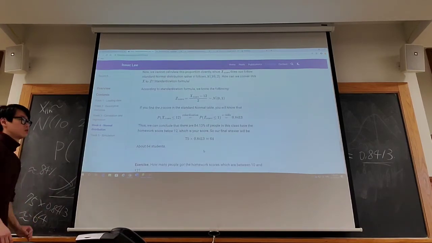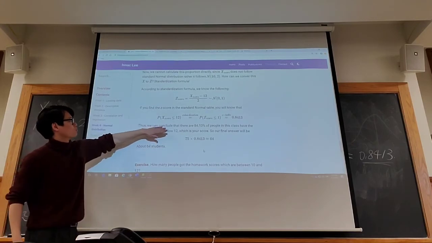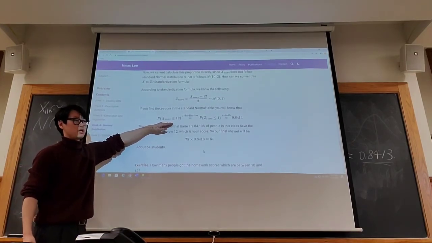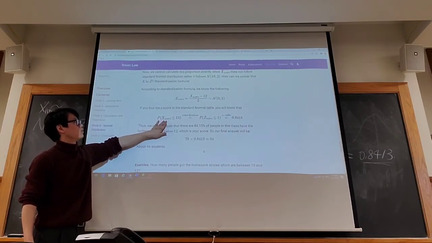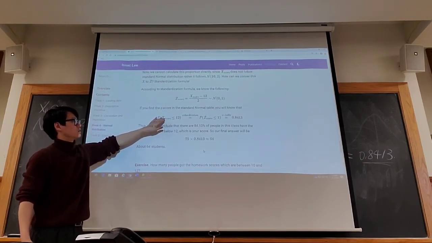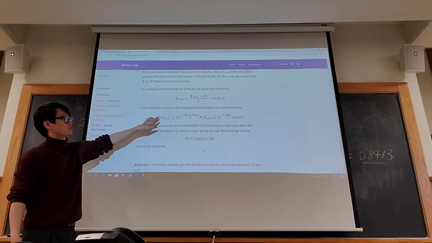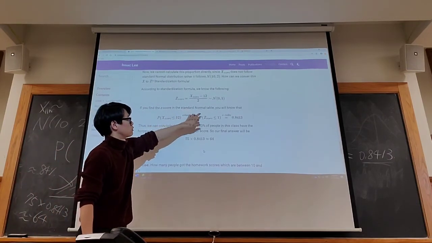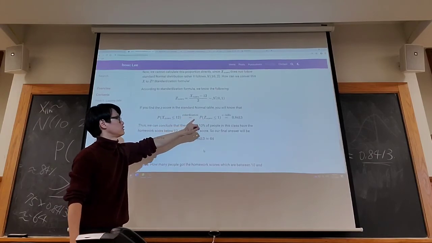Okay. So to recap, first I just wrote down what I want to calculate, and then this was not in the standard normal scale. So I want to convert this into the standard normal scale using the standardization formula.